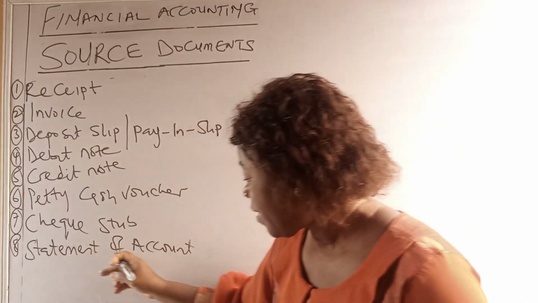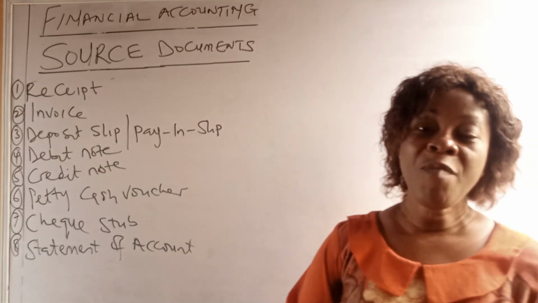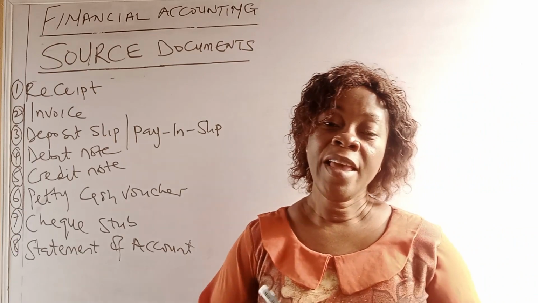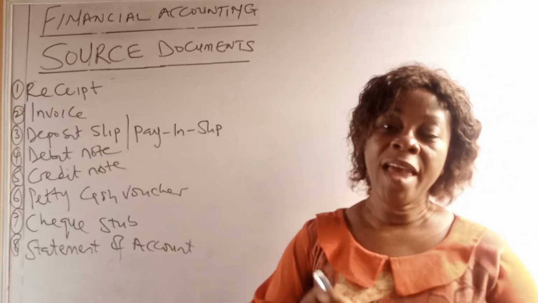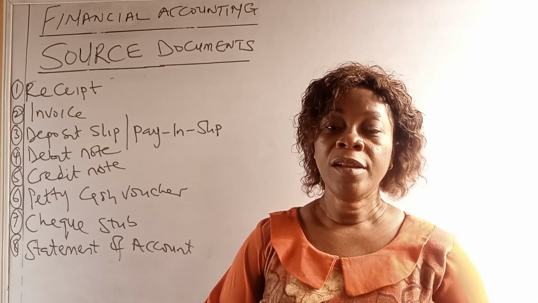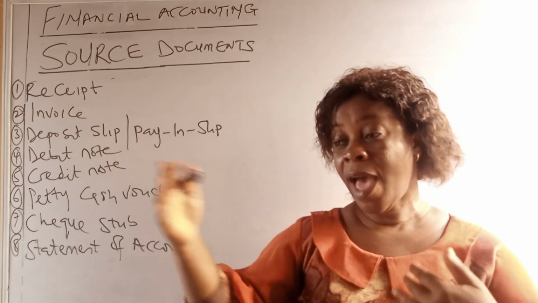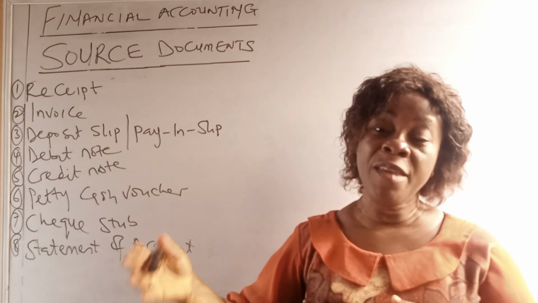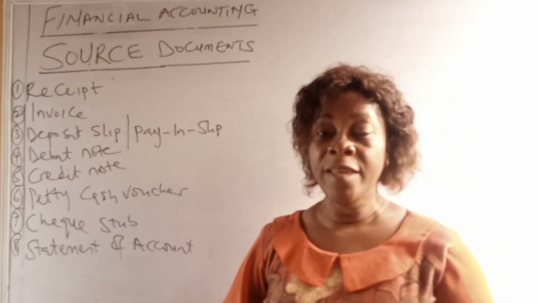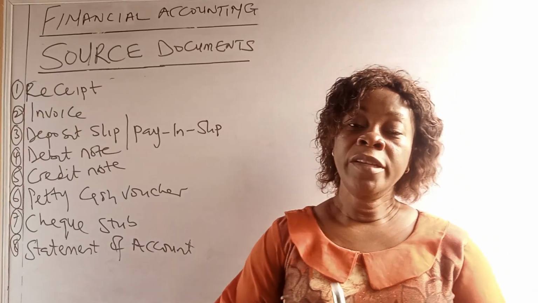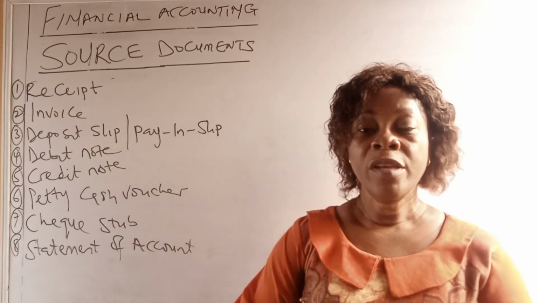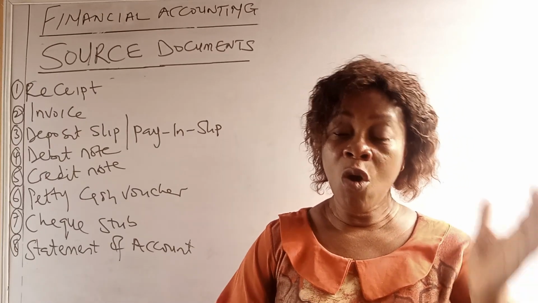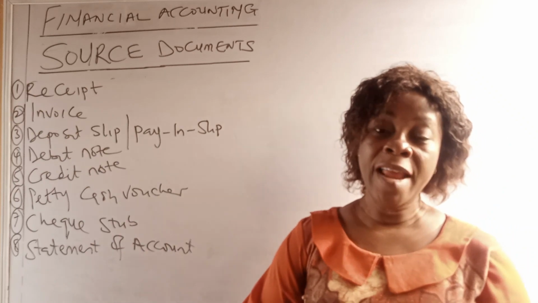So, statement of account. A statement of account is a document issued by the seller to the buyer on a monthly basis, quarterly basis, or periodically, in order to show the debtor how much he or she is owing the organization.